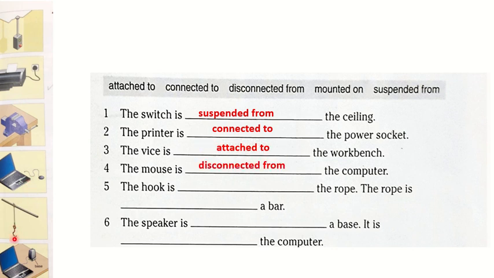And look at the hook. Here is the hook, and this is the rope, and this is the bar. We say the hook is attached to the rope. It's attached, مربوطة. And the rope, as you see, is from top to bottom, as I told you, suspended from the bar.